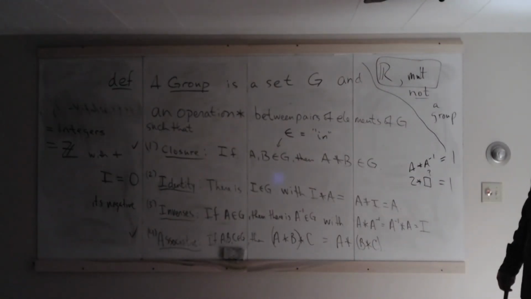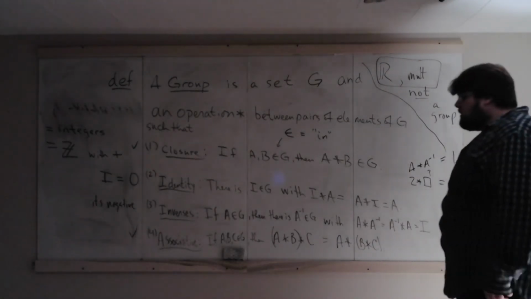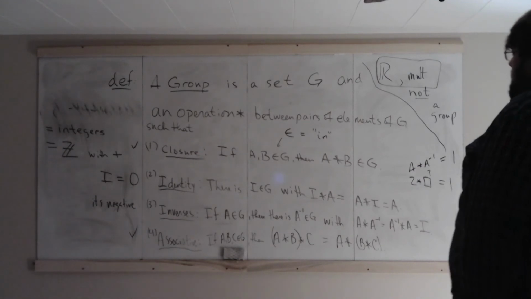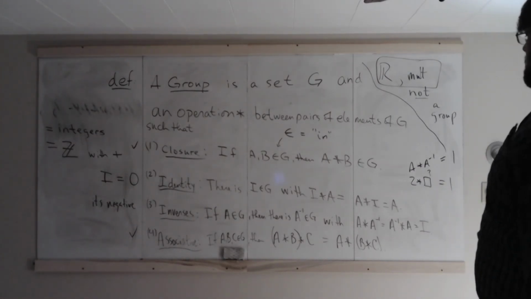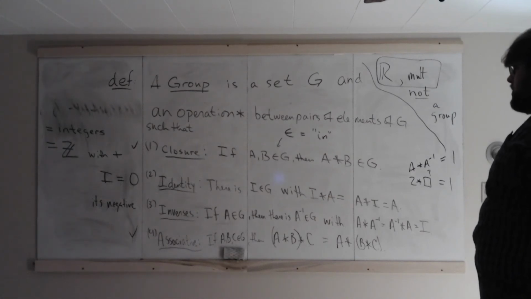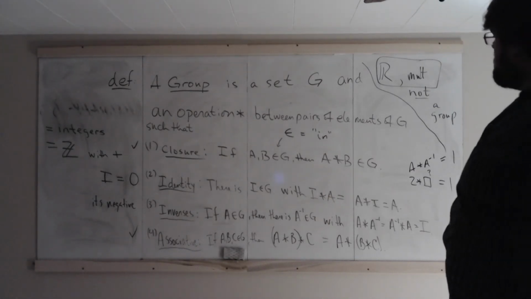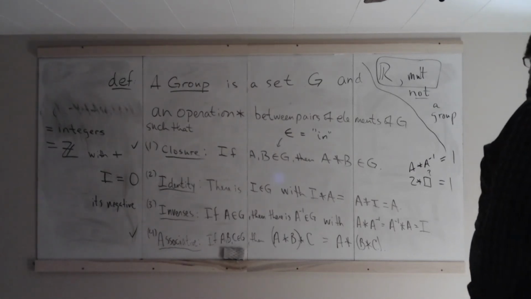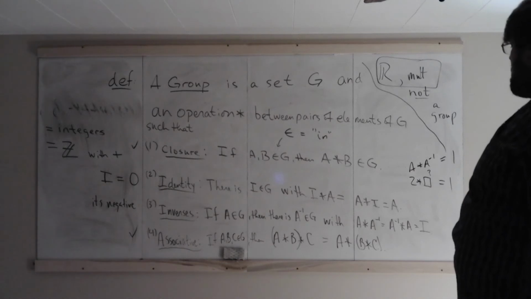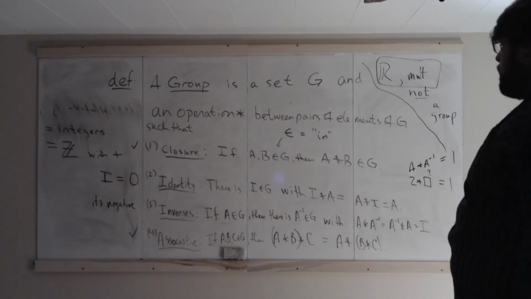Why doesn't 3 work? Well, let's look at the phrasing of 3. If A is in G, then there is an A inverse that brings us back to the identity. Let's translate that to the example we have. Given a real number, there's another real number where you multiply and get back to 1.